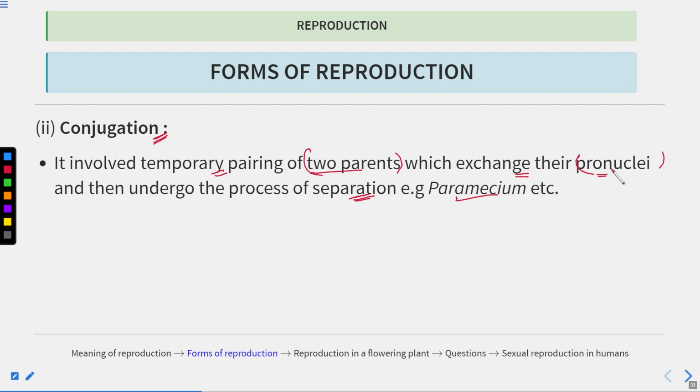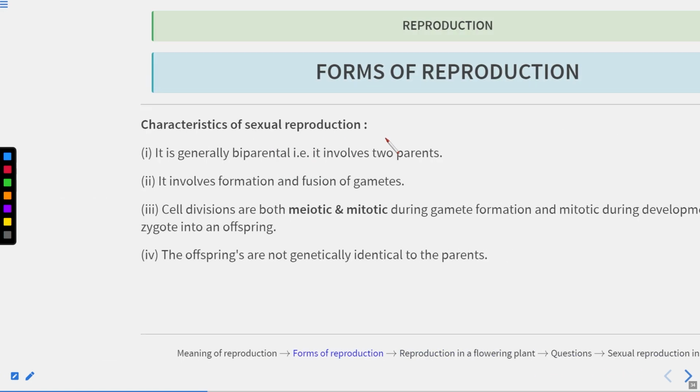So this is a very complex process, but here you should know the basics. What is conjugation? You should remember two parents are involved because it is sexual reproduction, and there is the exchange of the pronuclei between the two partners, and then they undergo separation. Here there is a formation of a conjugation tube, or sex pilus, through which the transfer takes place.